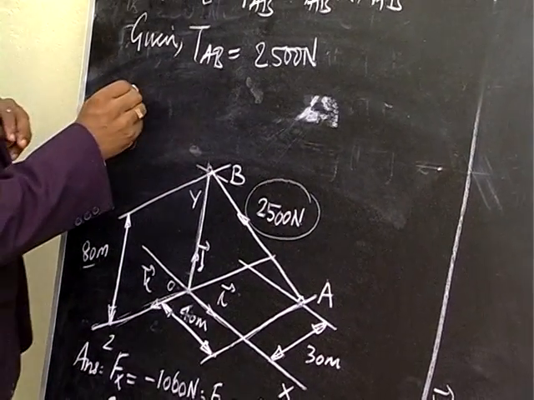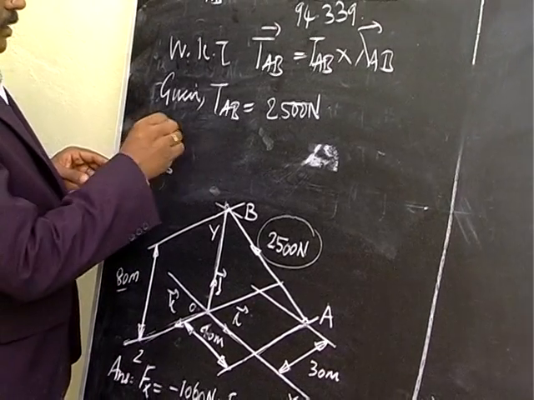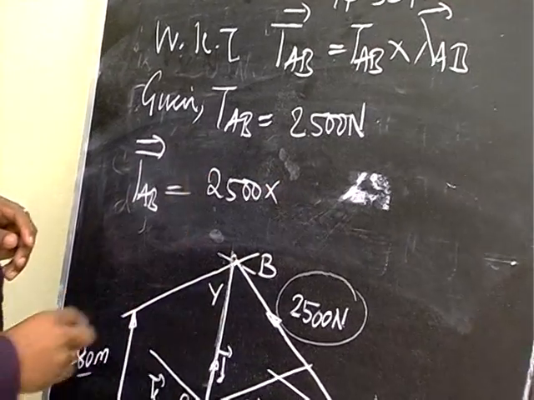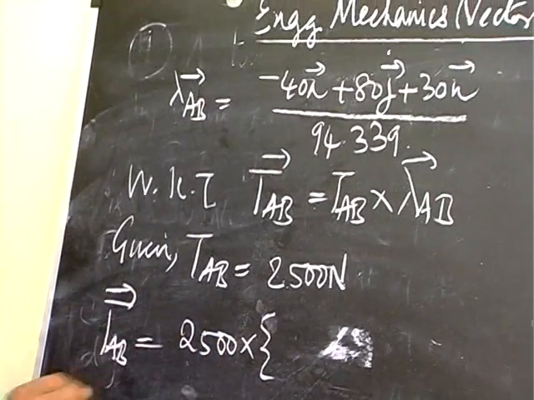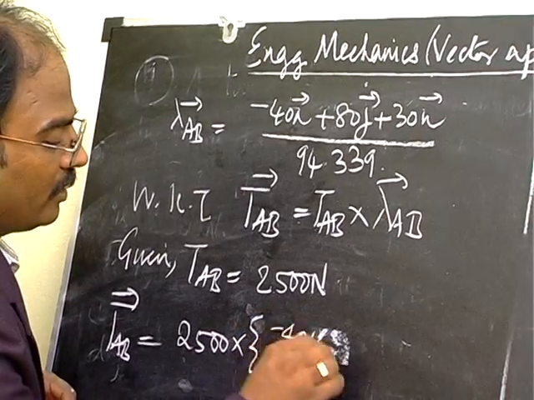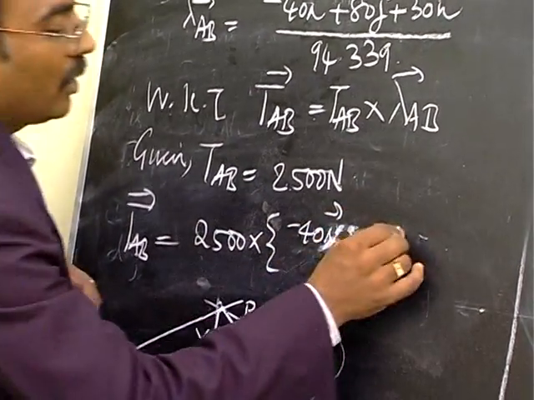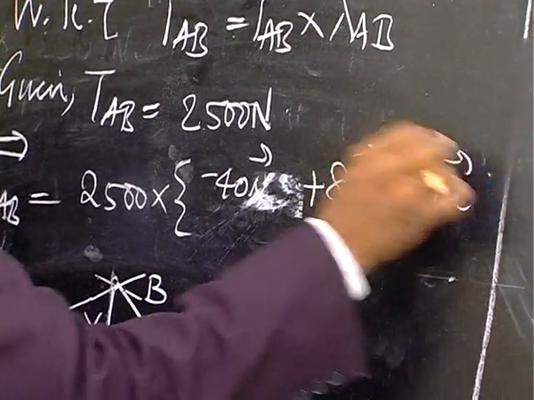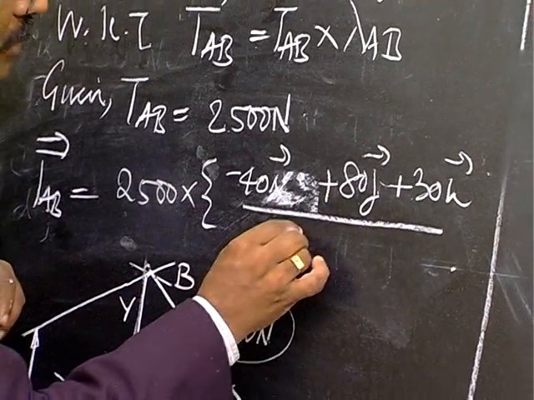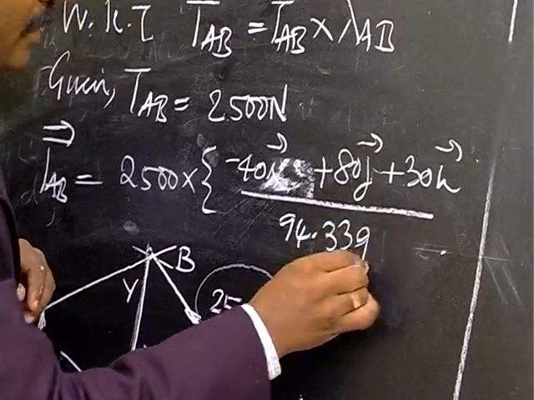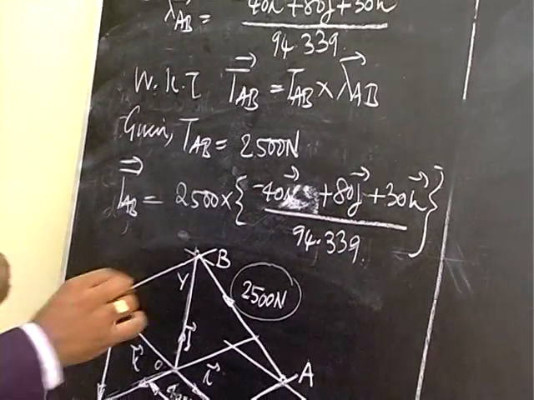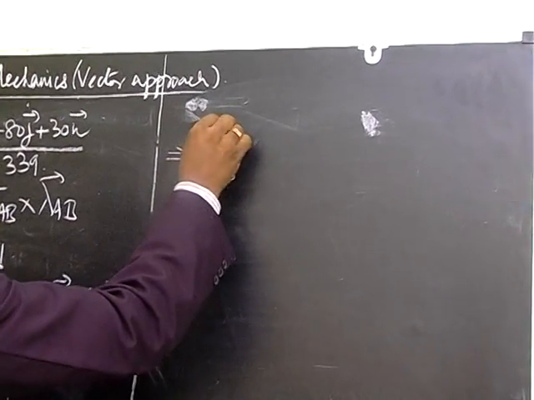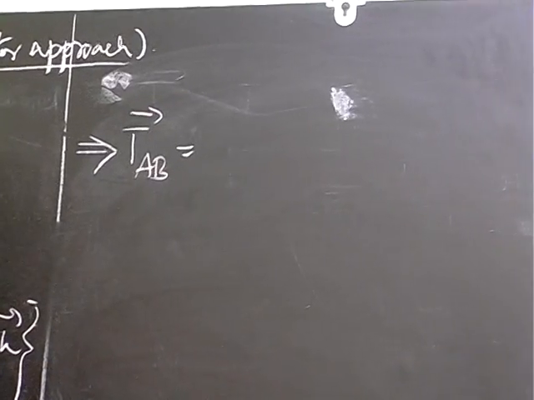So therefore this tension AB vector can be very easily found with the help of this 2500 Newton multiplied by the unit vector along AB, that is minus 40i plus 80j plus 30k divided by 94.339.